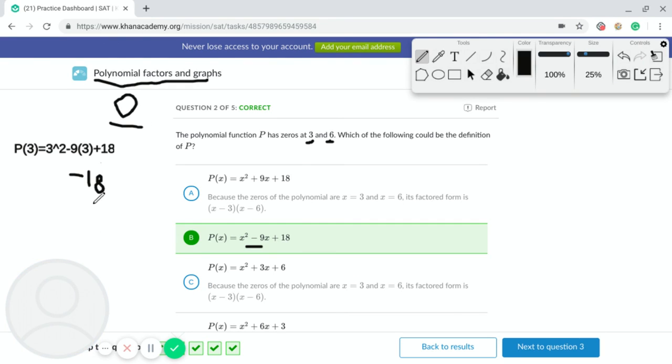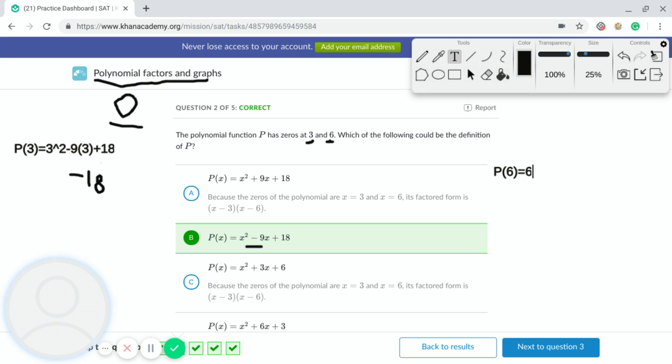And the situation works out similarly for 6, on account that you still get a 0. But that's what we want, so I'm not complaining.